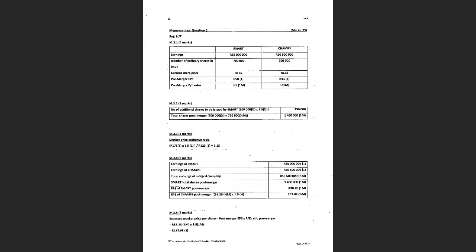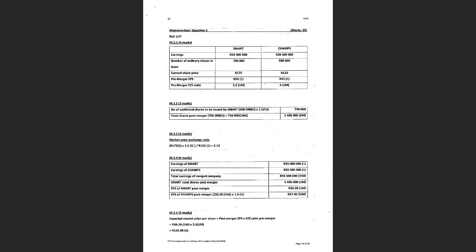Because for each one share of Champs, the previous owners of Champs own 1.5 shares in Smart. So their equivalent EPS will now be 57.4. So they get higher earnings because they received 1.5 shares in Smart for each one share of Champs that they gave up.